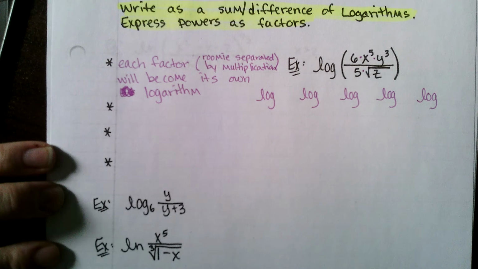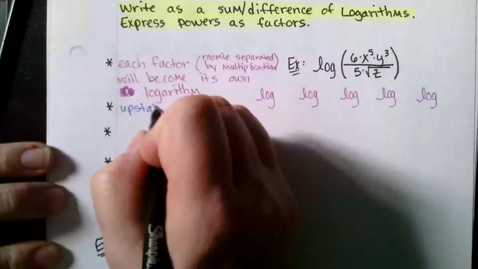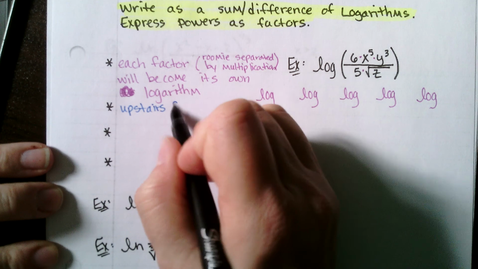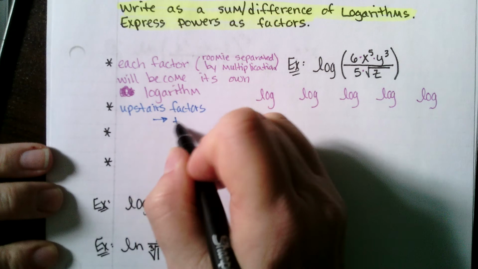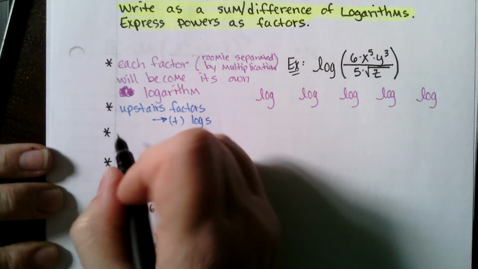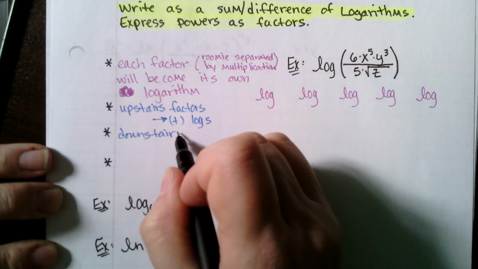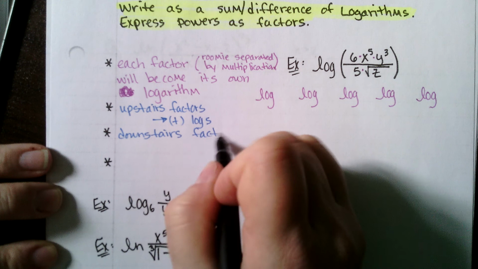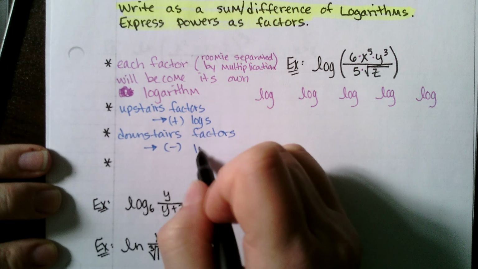So you just kind of have to go along with it. So the upstairs factors or numerator factors are going to become positive logs. The downstairs factors or denominator factors, the roomies that were living downstairs, are going to become negative logs.